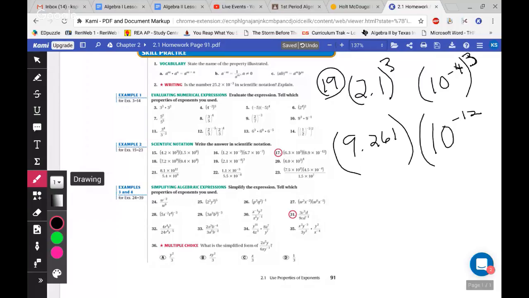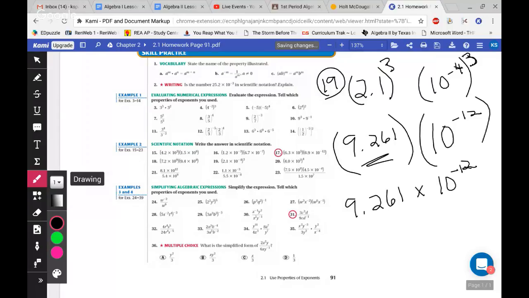And since this doesn't have to be adjusted in any way, it's actually in scientific notation already, because there's only one digit to the left of the decimal, I would just rewrite it as 9.261 times 10 to the negative 12.